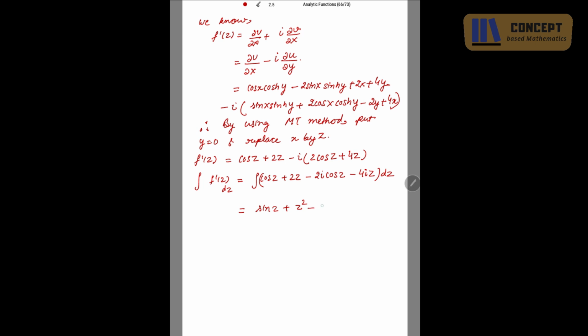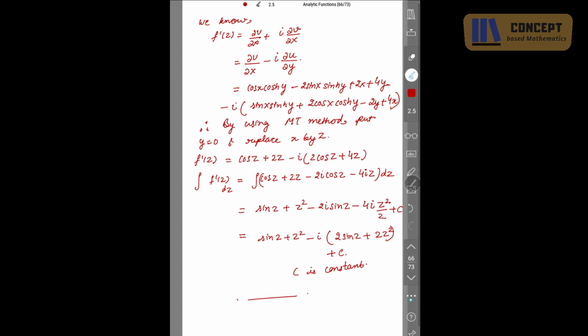This is minus 2 iota sine of z minus 4 iota z square over 2. And finally you will get sine of z plus z square. You take minus iota common and you will be getting 2 sine of z plus 2z square plus constant, where c is the constant. Okay.